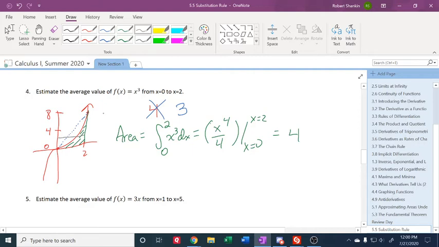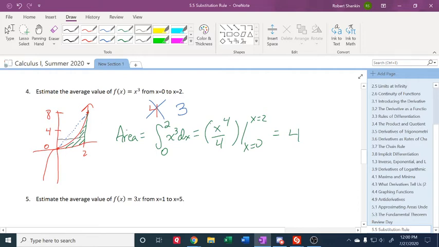I'm going to take that off. Looks like I have to put that a little bit lower. The height of the rectangle that would have exactly the same area as the green would tell me the average height.